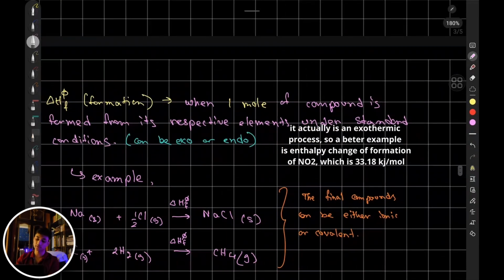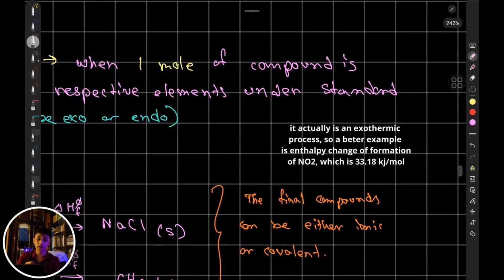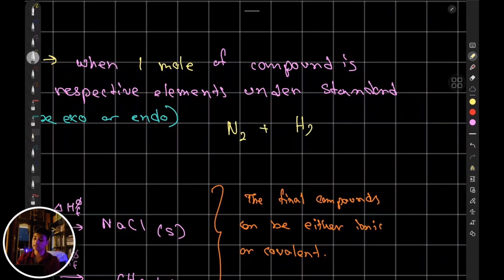But what happens is you're breaking N2 bonds and H2 bonds and forming NH3. Right? So you're taking 1.5 moles of H2 and half a mole of N2 and forming NH3.